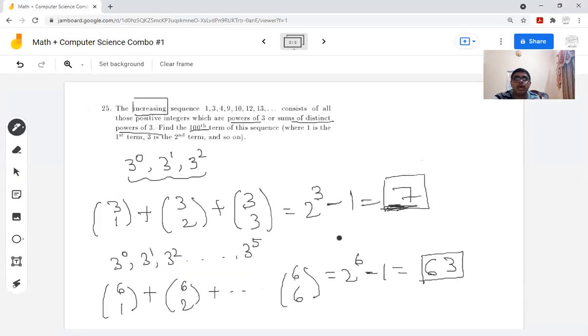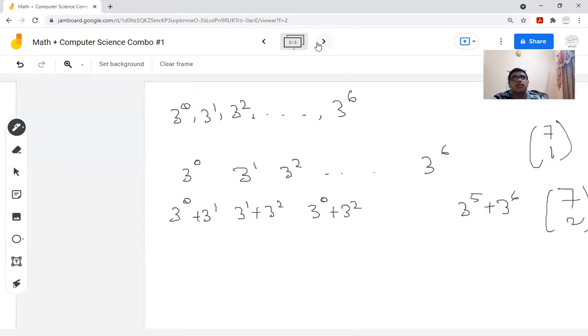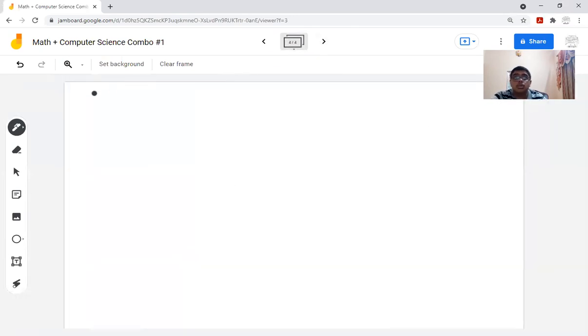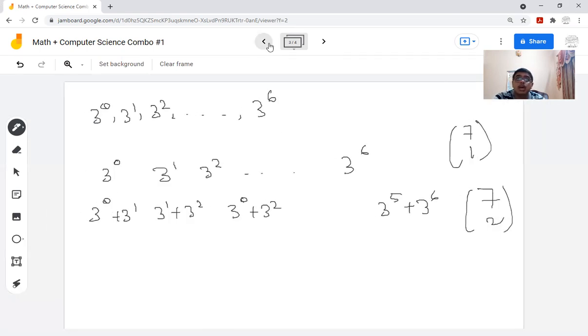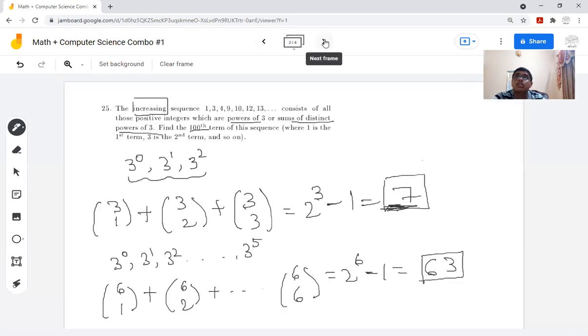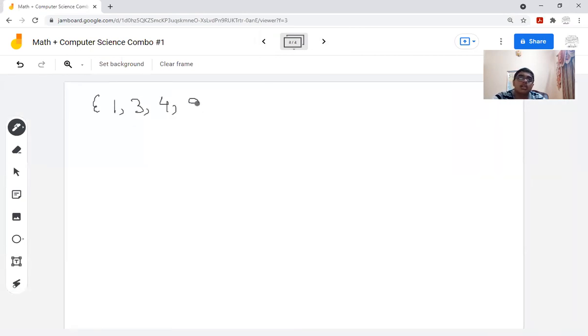So here I get back, and note down the first 7 terms given. That's 1, 3, then a 4, then what we have is 9, 10, 12, and 13.